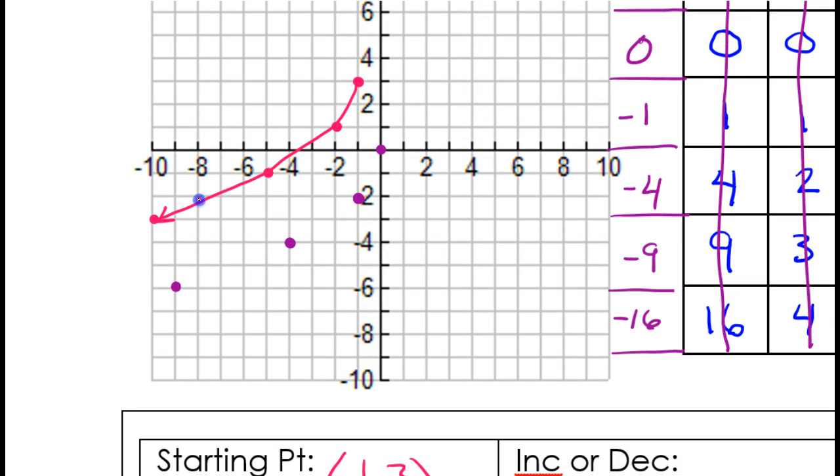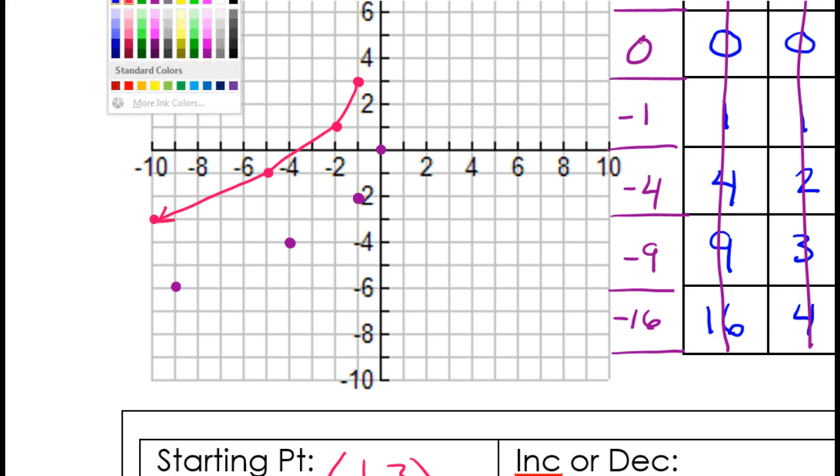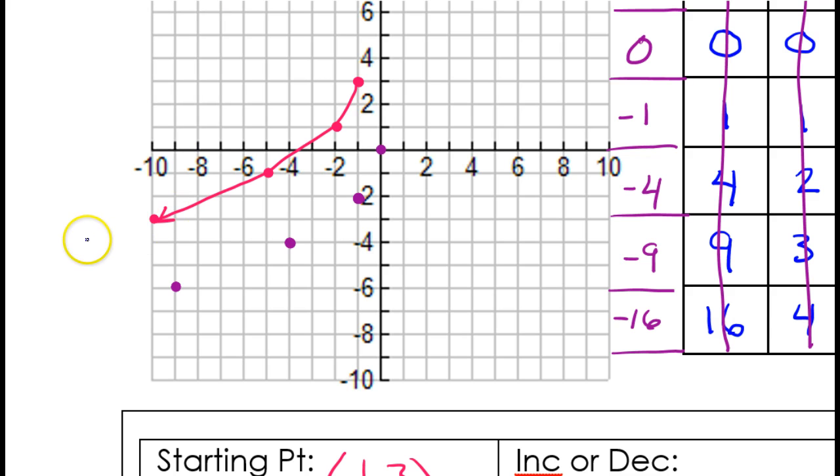This is the left end behavior right here. On this left end, what are the x values doing and what are the y values doing? The x values, looking from left to right, are going to negative infinity.